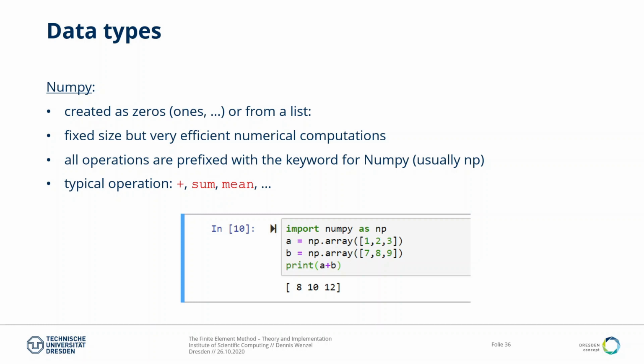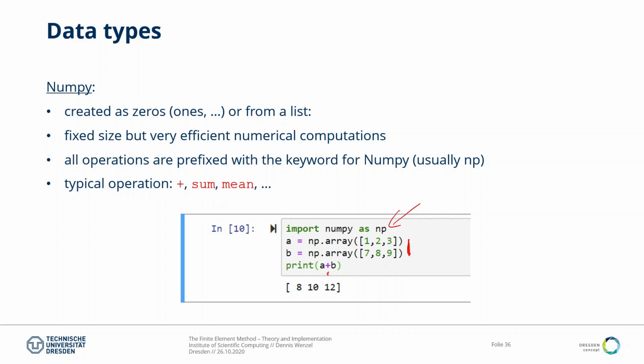In the example, I've created two arrays, and then I have executed the plus. So the beautiful thing is that I can just write a plus b, and I don't have to explain to Python what this plus means. It automatically does a component-wise adding. What you see here is that in order to do this, I had to import NumPy first.